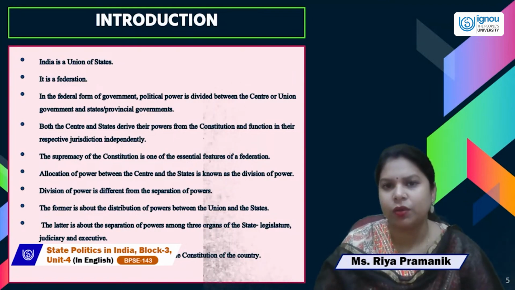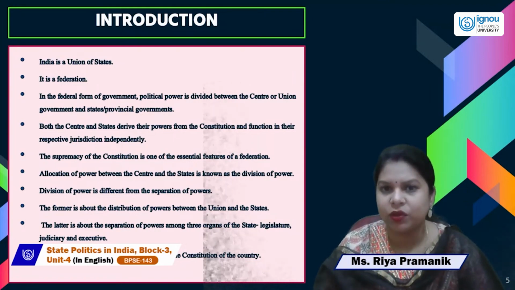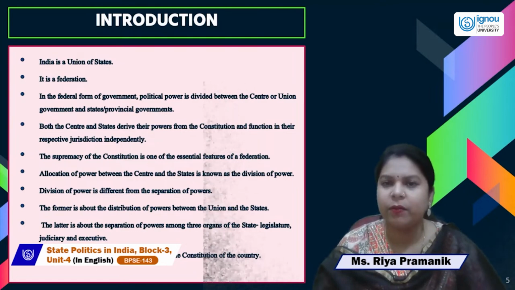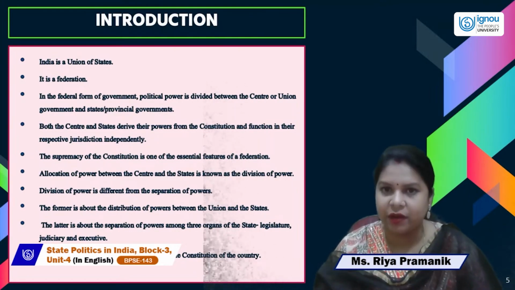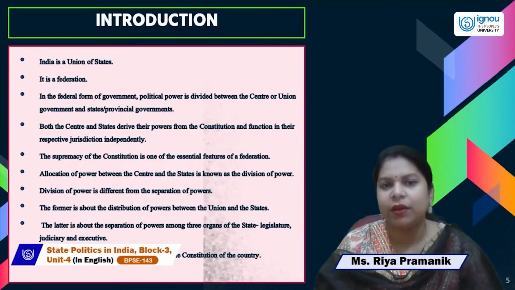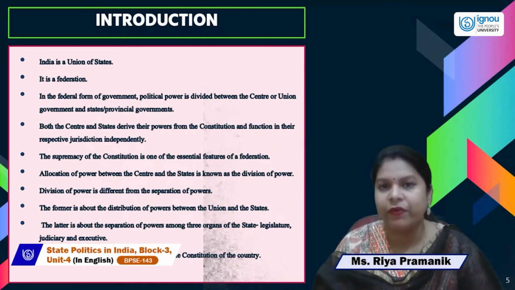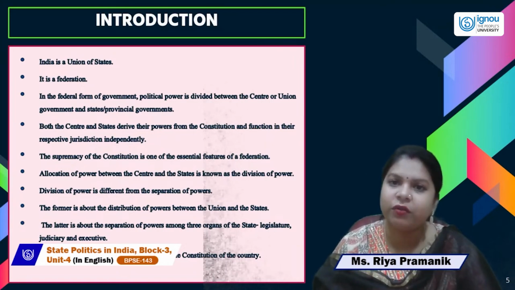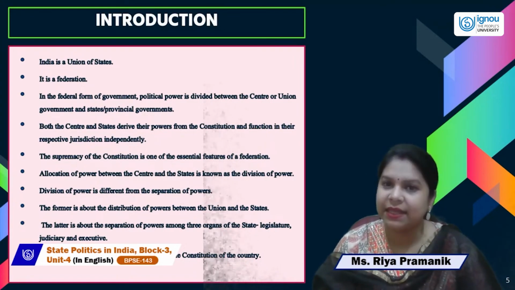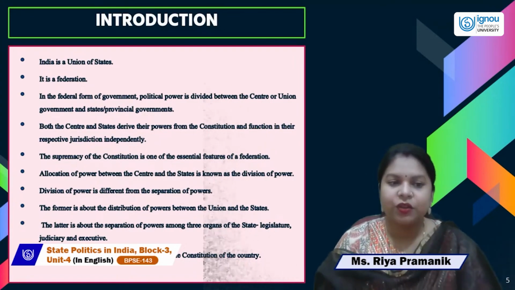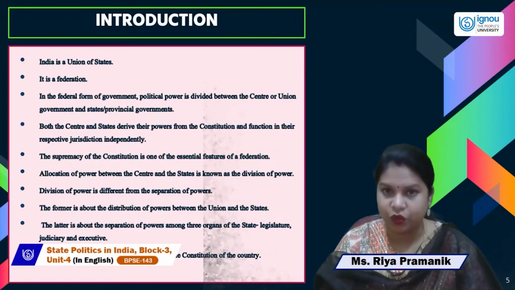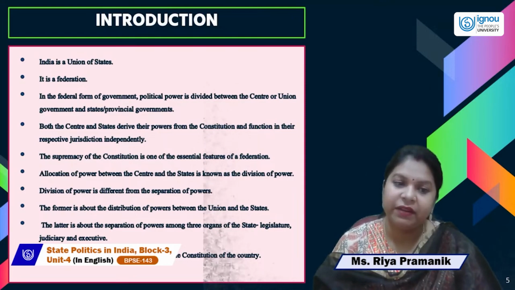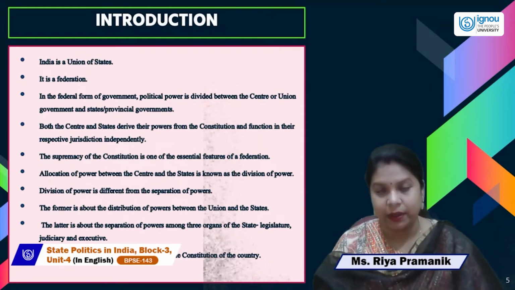We use the words center government and union interchangeably, and the state or the provincial governments. So this whole unit, this whole federalism, is based on the division of power between the center and the states. Both center and states derive their power from the constitution and function in their respective jurisdiction independently.